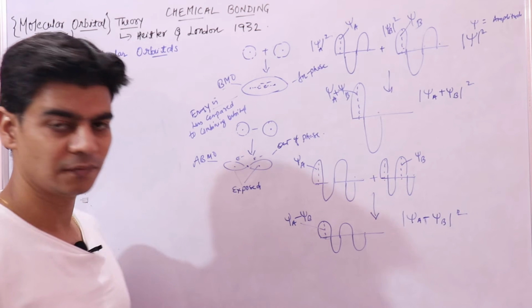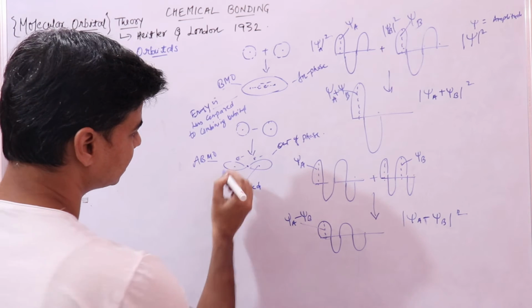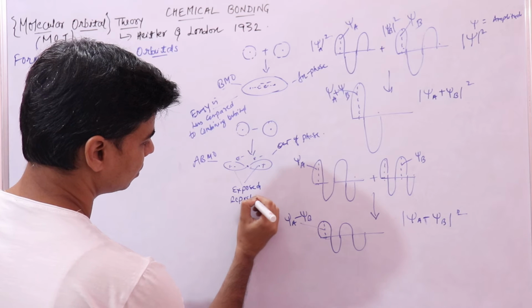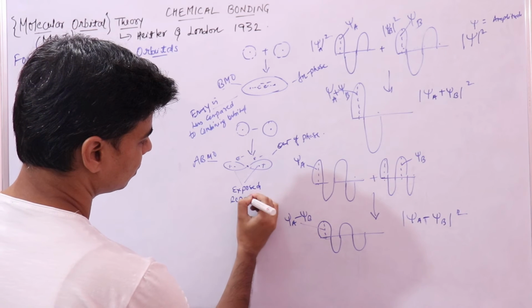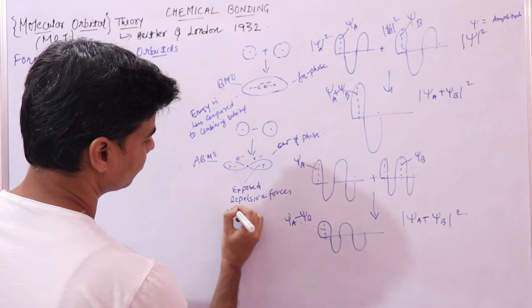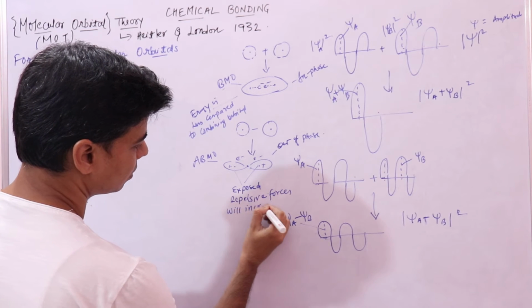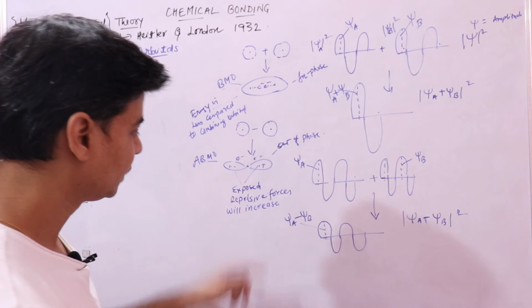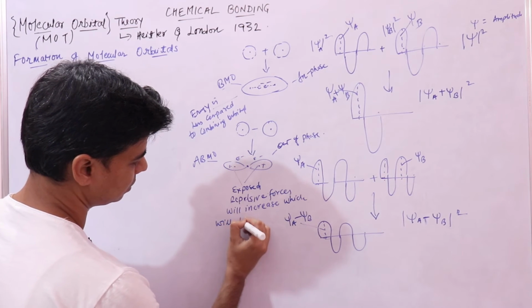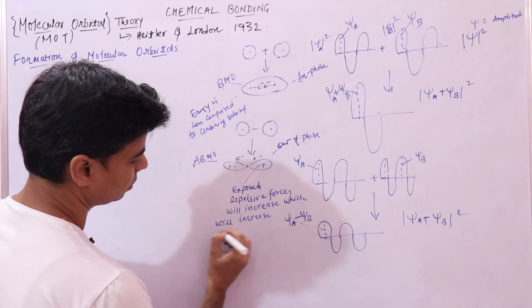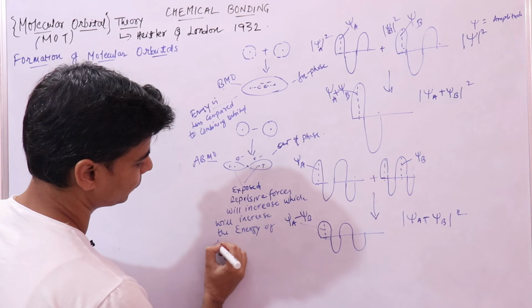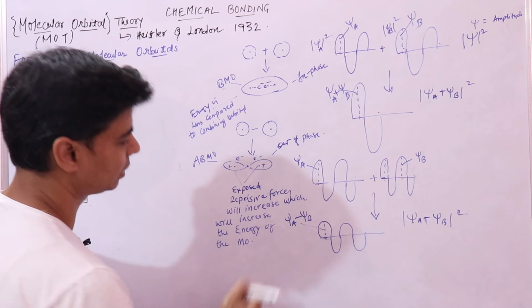Since both nuclei are positively charged, repulsive forces will increase, which will increase the energy of the molecular orbital, right?